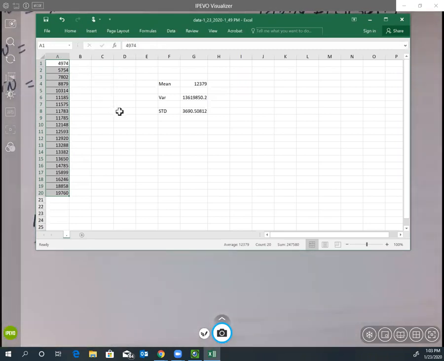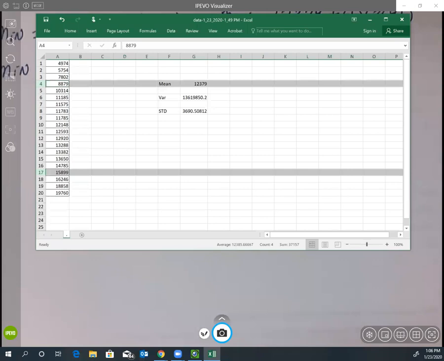So we want to count how many data entries are between 8,688 and 16,070.